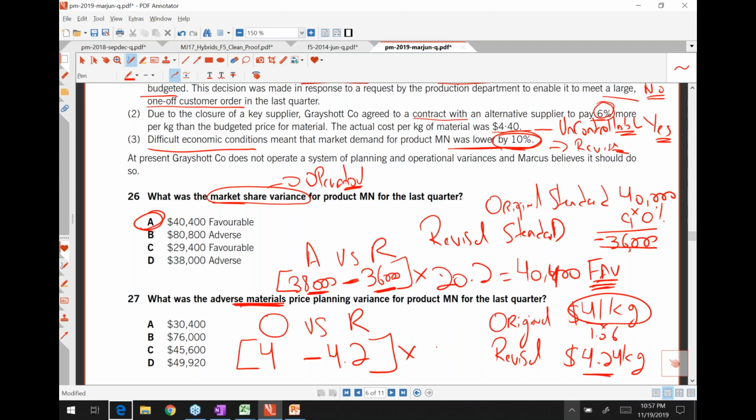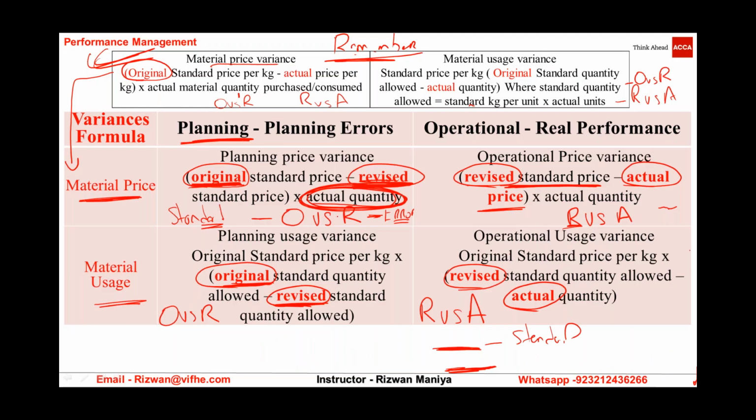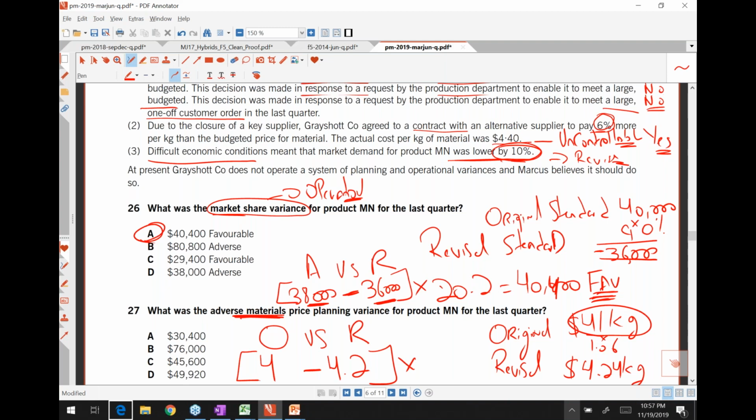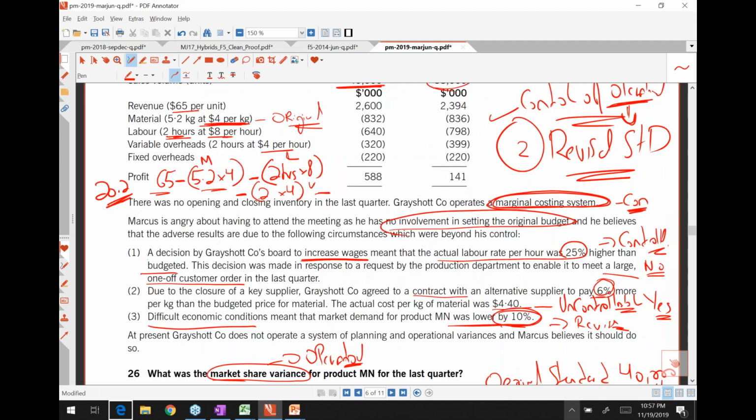So how will you find actual, friends? It's simple. We have actual cost here. 836 is the actual. And what is the actual per kg?